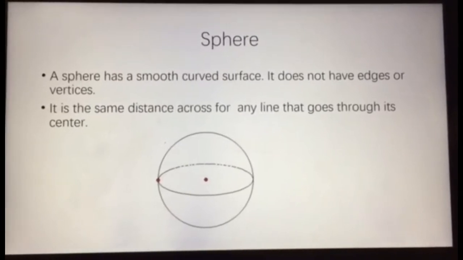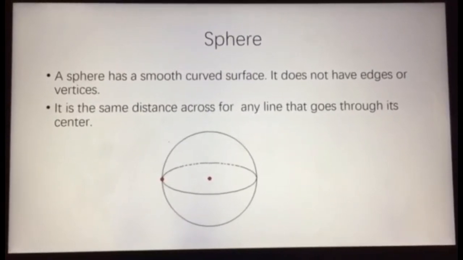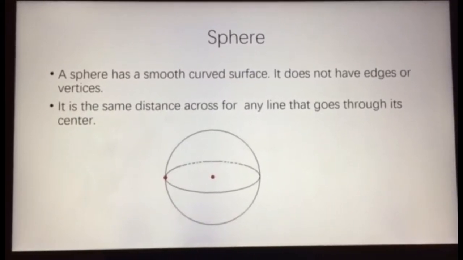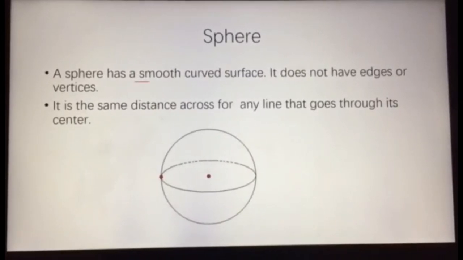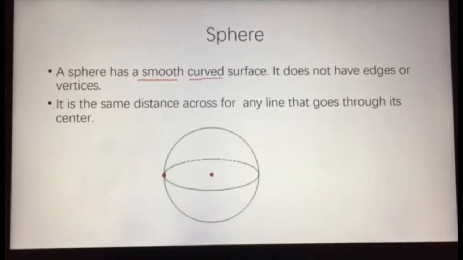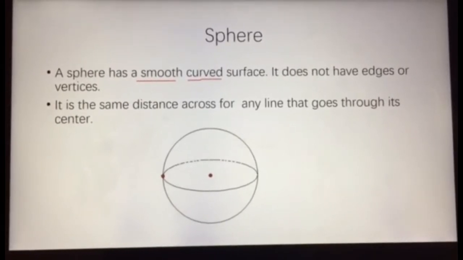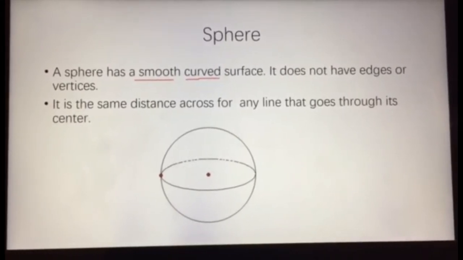A sphere. Sphere is a ball shape. It has a smooth, curved surface. It does not have edges or vertices.